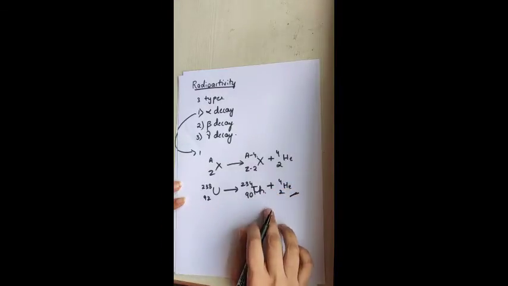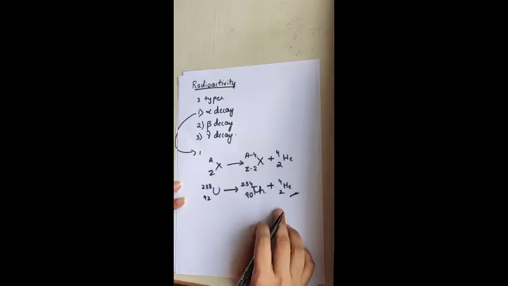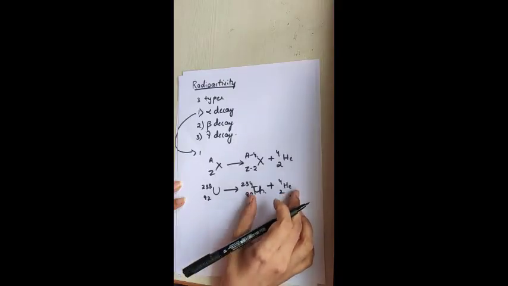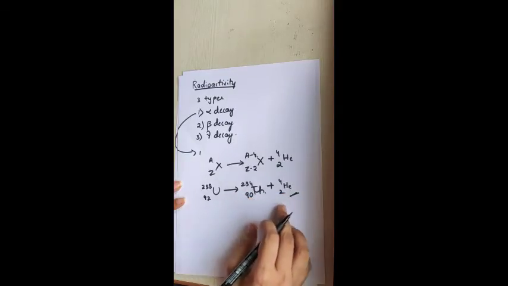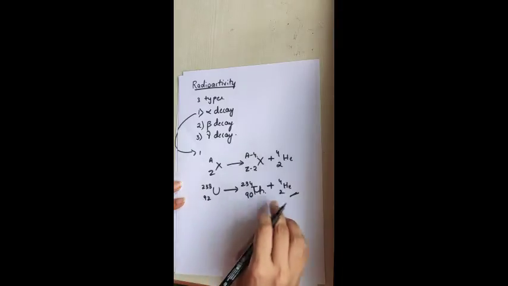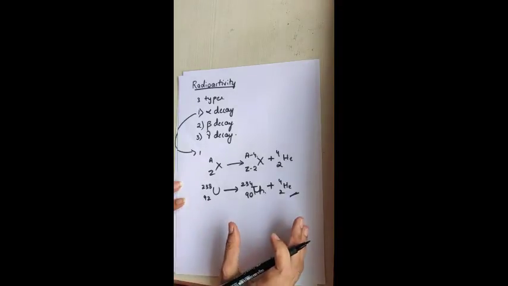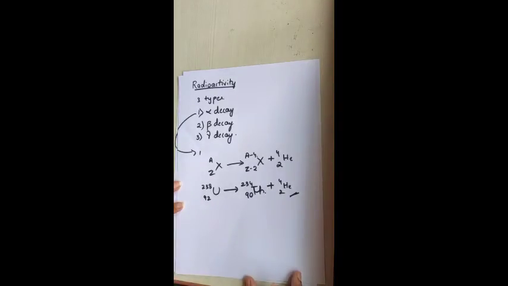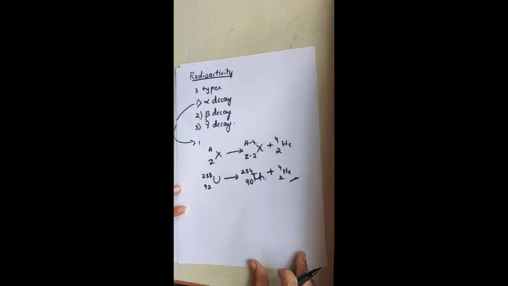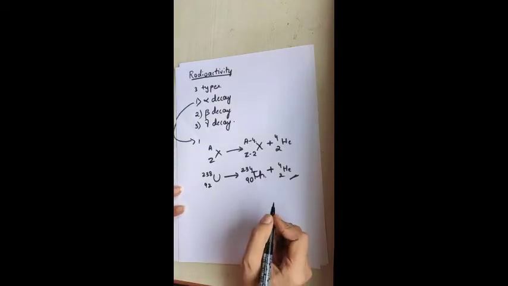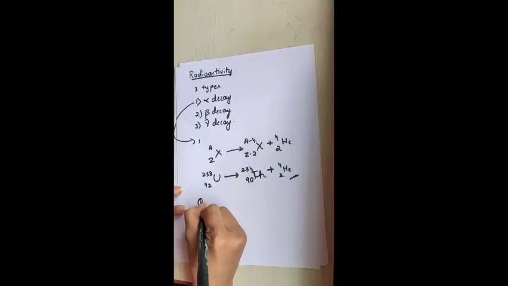This decay is possible only when the total mass of the decay products is lesser than that of the parent nucleus. This difference in mass appears as kinetic energy of the products and is calculated using Einstein's mass energy relation. It is also called the Q value.